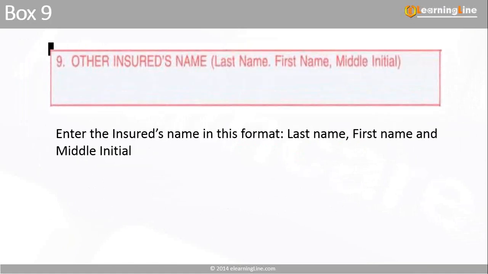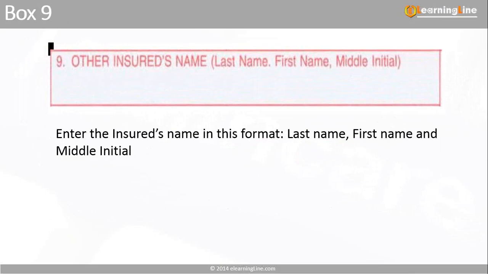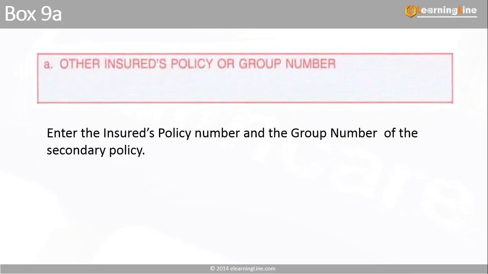If this option is yes and you have the other insured's name, then you need to put this information. But if it is not there, you don't have to populate this either, because the other insured's policy or group number only comes into the picture when you have another insured.